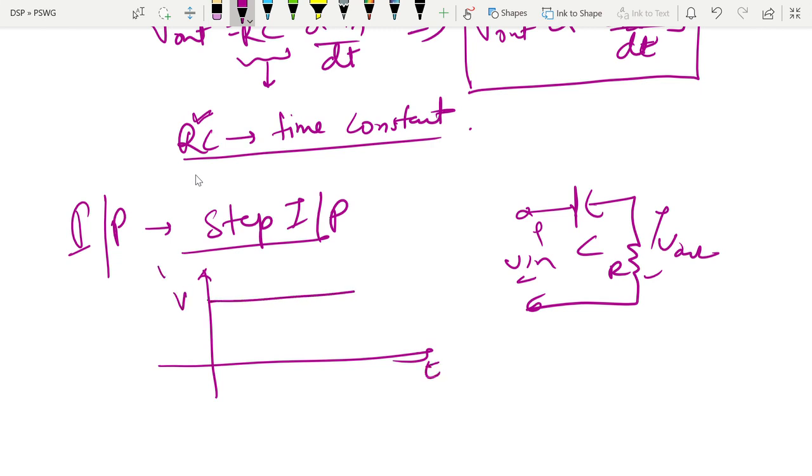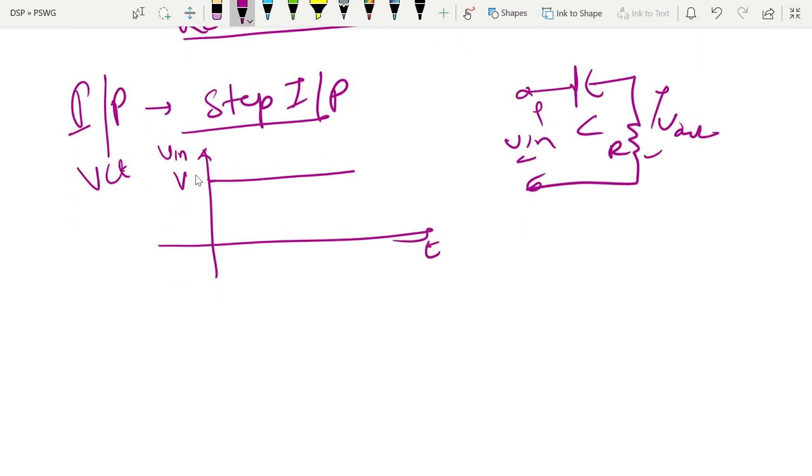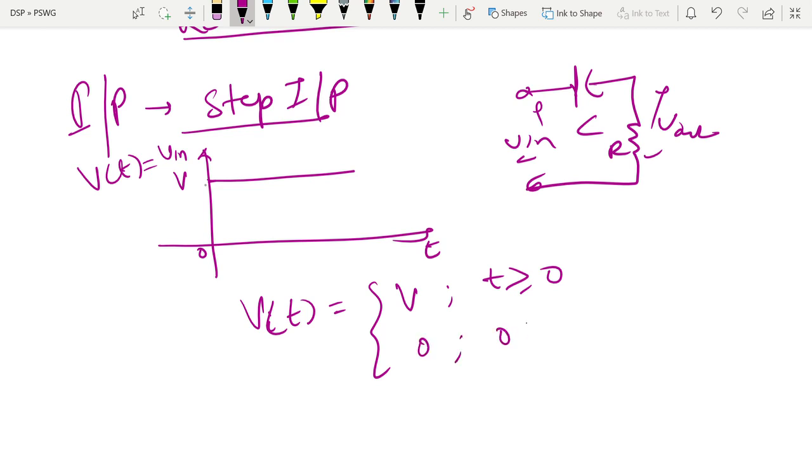So how will you write it? Input voltage Vi(t) equals V for t greater than or equal to 0, and it is 0 otherwise.